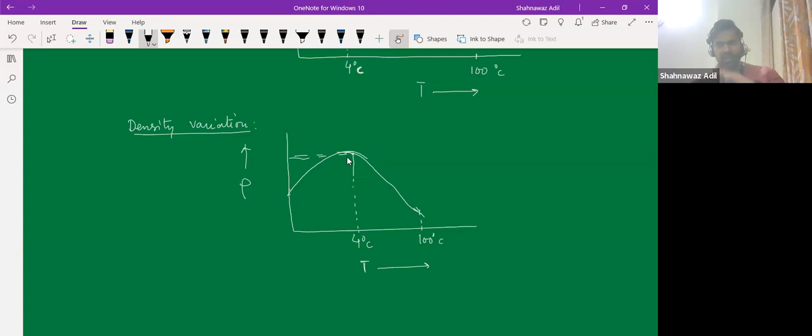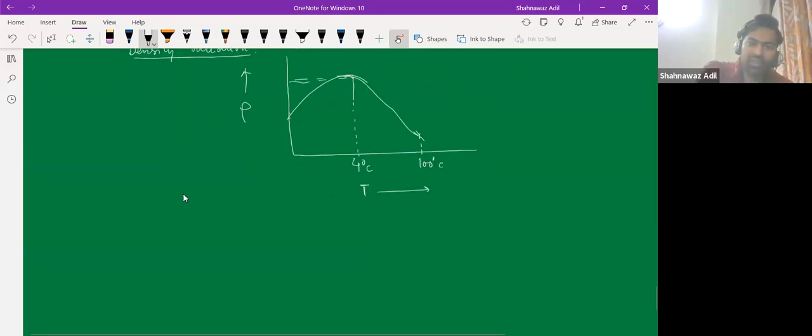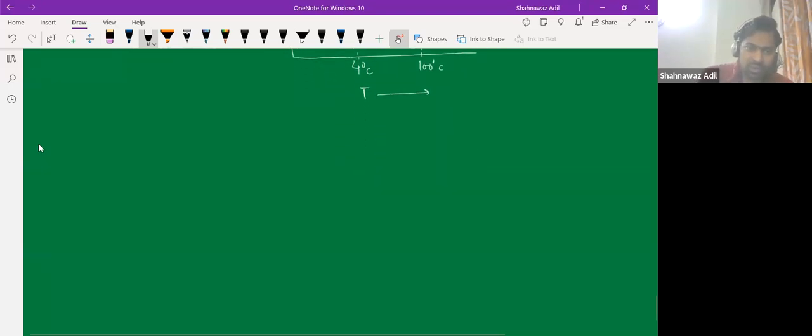But below that level, the density of the water is maximum, and it is at 4 degrees Celsius, right? So then the water is not frozen at that point. So then aquatic life is possible.